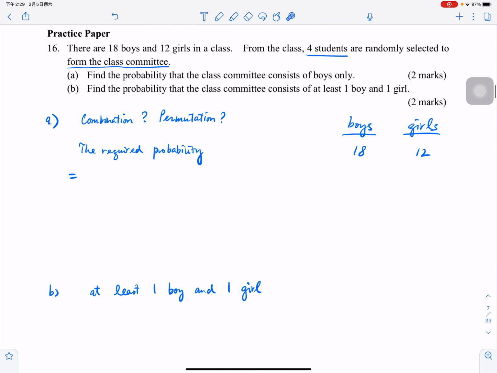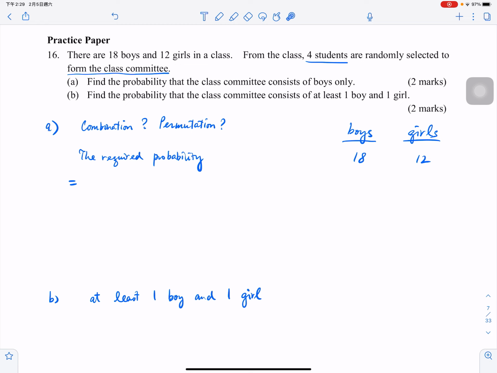For example, this time, practice paper, question number 16. You will find that most likely in section B of the DSE paper 1, there will usually be 1 probability or combination permutation question. Let's see.